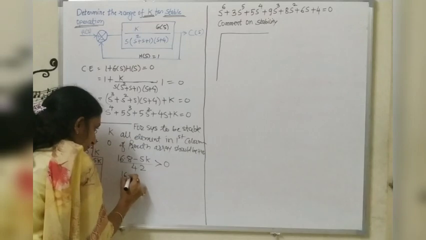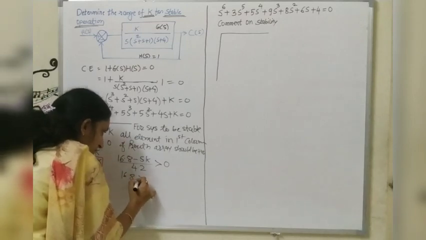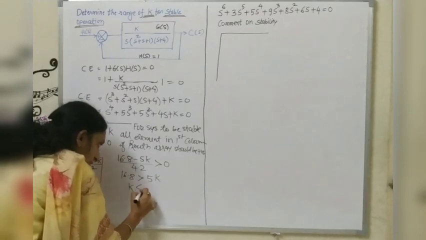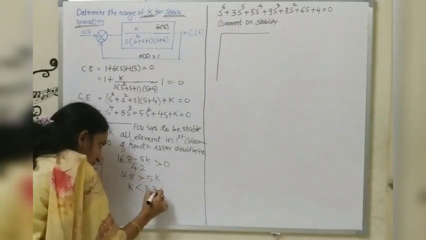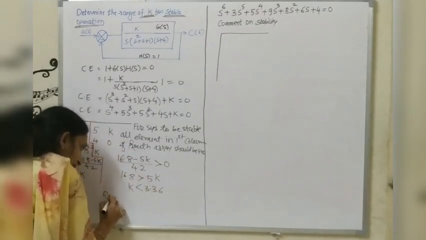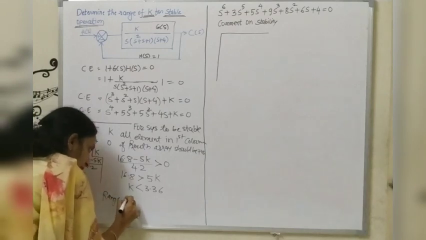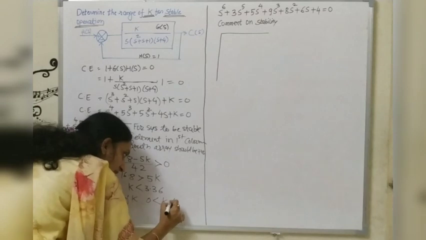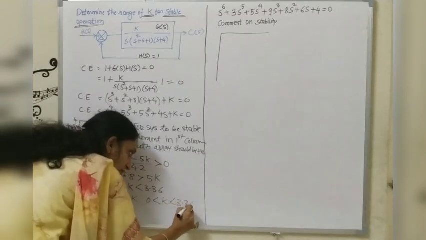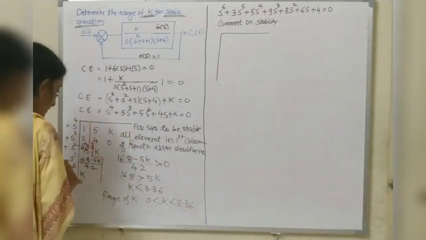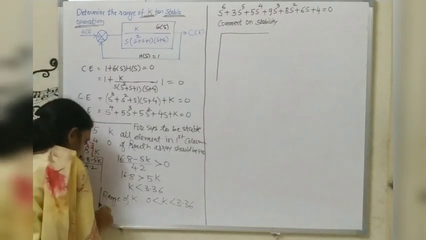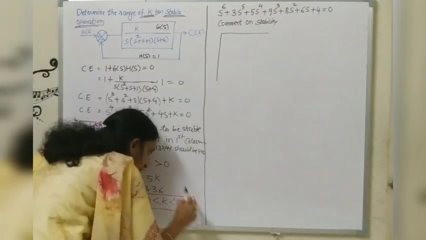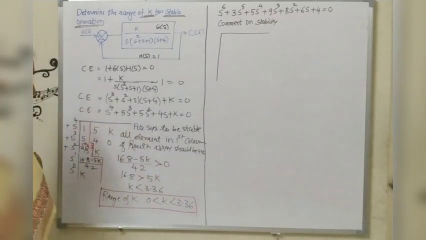So 16.8 is greater than 5k, so k is less than 3.36. The range of k will be 0 less than k less than 3.36. This is the answer for the range of k for the given equation.